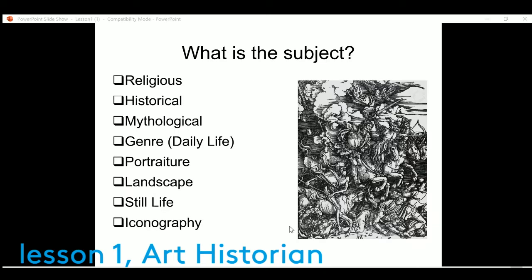Okay, religious subjects were normally very popular during the Renaissance period. You know why? It's because the church took over. After the fall of the Roman Empire, the Christian Roman Empire, the church took over the administration, basically, because nothing else worked anymore, and that is the reason why most of the commission work was from the church.